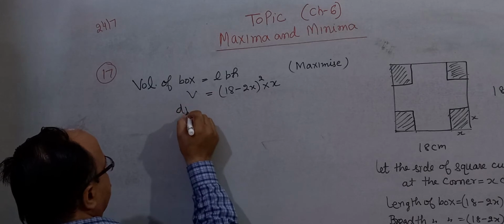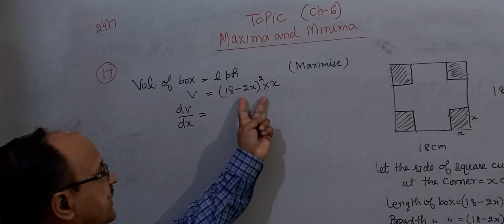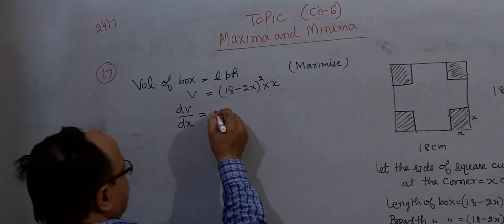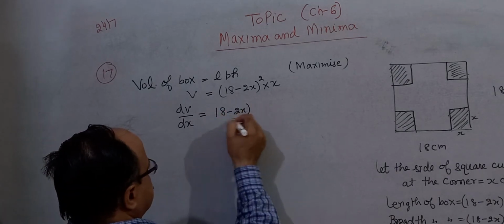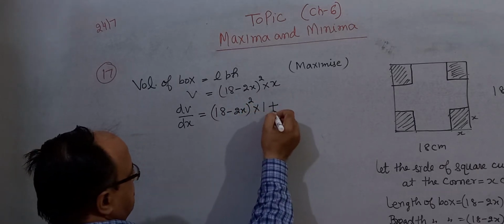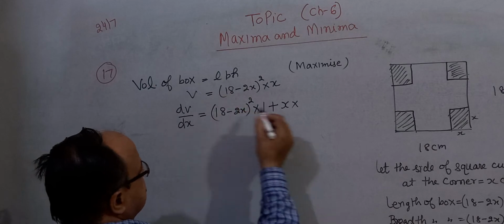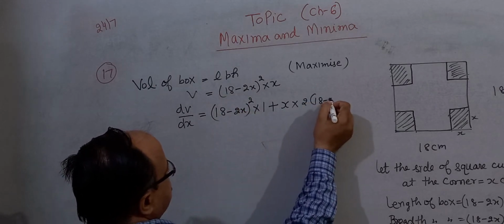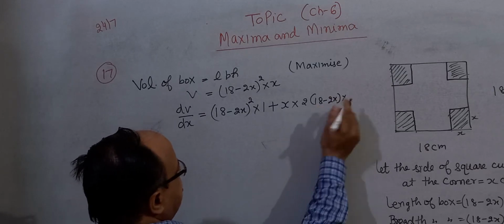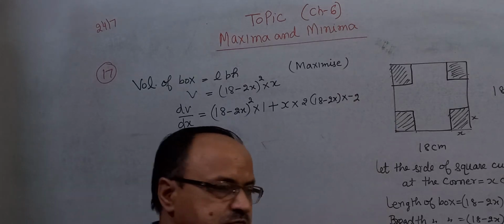Therefore, differentiate both sides with respect to x. Apply the product rule here. 18 minus 2x whole square as it is, and the derivative of x is 1, plus x as it is, and the derivative of this portion, 2 into 18 minus 2x, and the derivative of 18 minus 2x is minus 2. 18 is a constant term, derivative of a constant is 0.